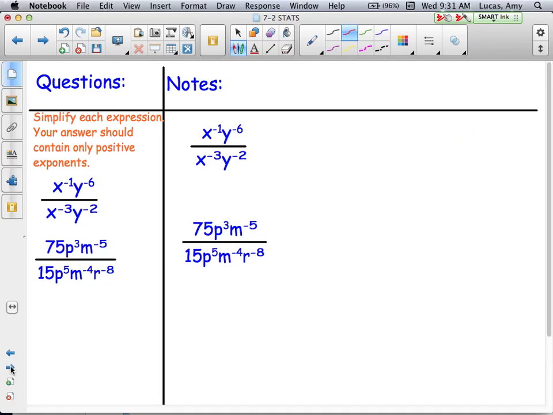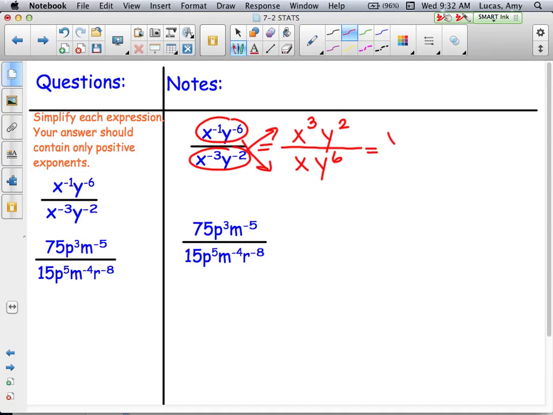My next set of examples, I've got a lot of negative exponents here, a lot of them. So I am actually going to have to move pretty much everything here. So both of these go to the bottom. They become x to the 1st and y to the 6th. Both of these go to the top. X to the 3rd, y to the 2nd.